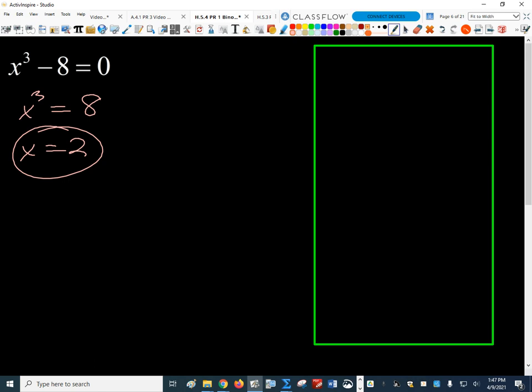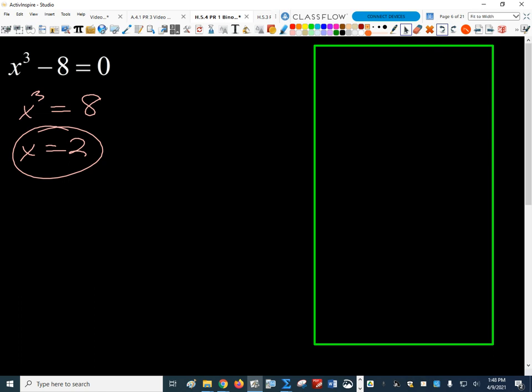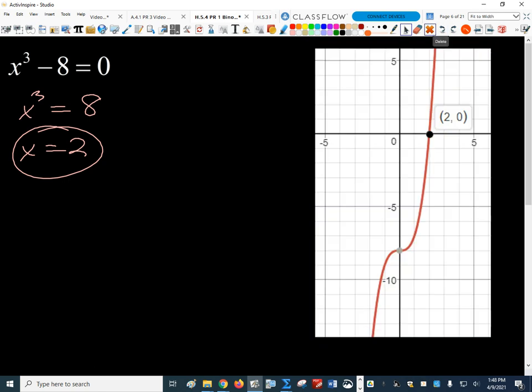I bet you $1 that we're going to get one x-intercept at 2. And we do. What do you know? Okay, what's wrong with that, though? There's a y-intercept, and we could find the y-intercept by just setting x equal to 0.